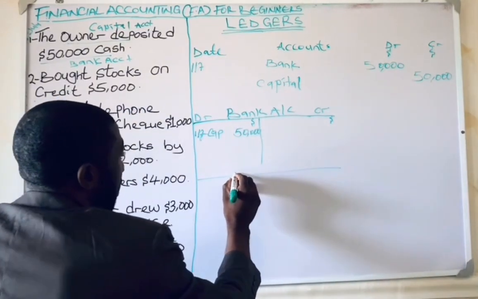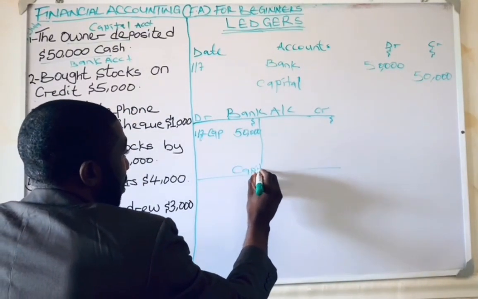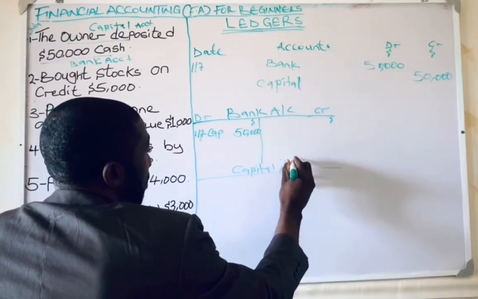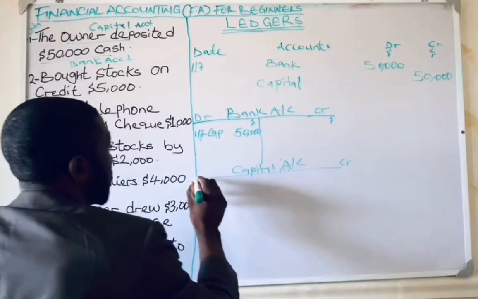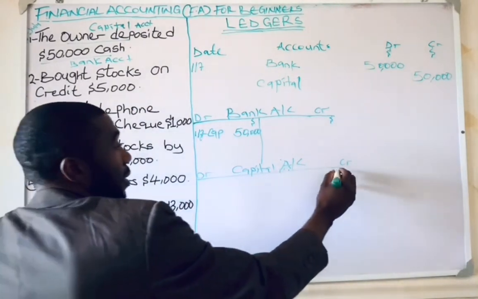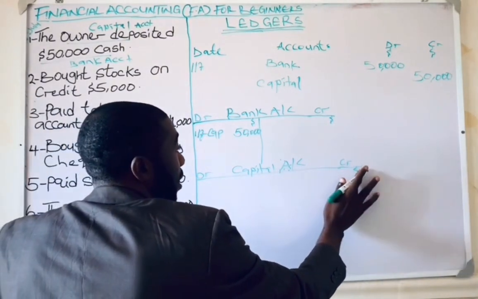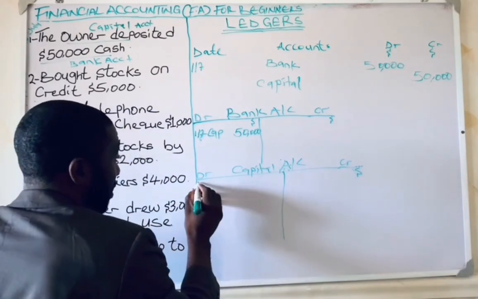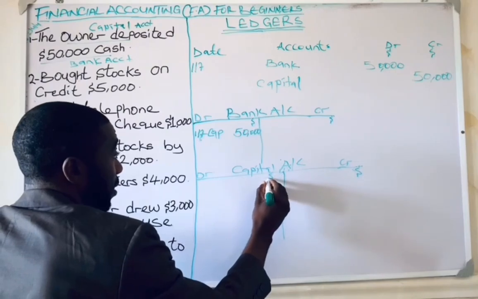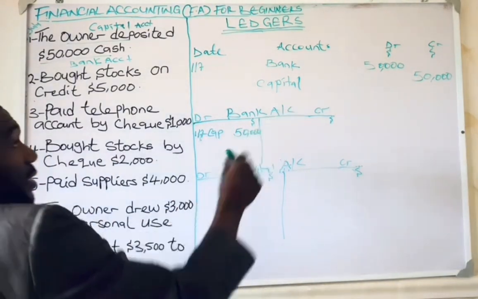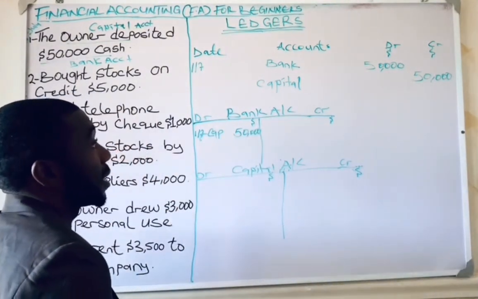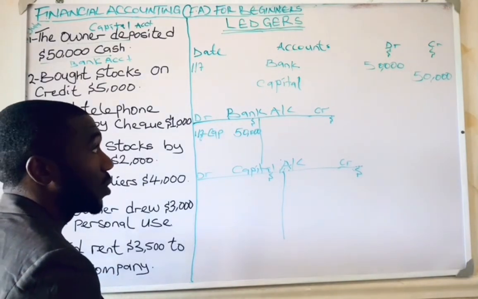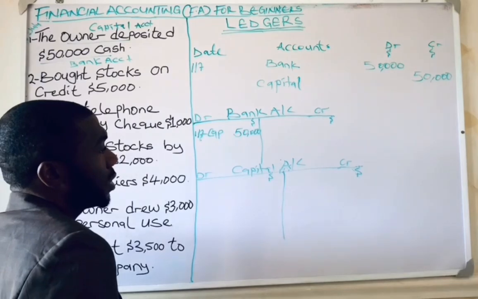This is a ledger. Capital account. Your credit, your debit, your currency sign, which is dollar. Then capital is a credit account, having a credit balance of $50,000. Now, you come to your credit side.